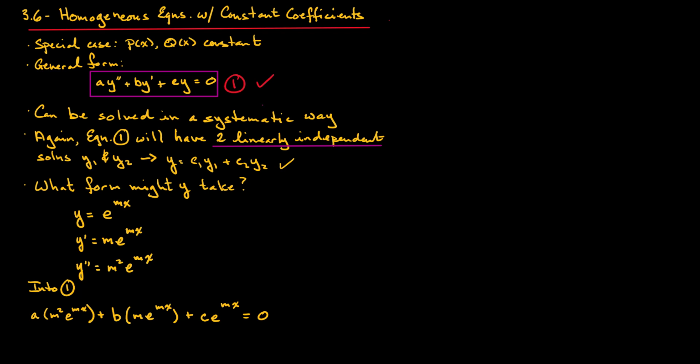If we factor out the e to the mx terms, what do we have? We have e to the mx multiplied by am squared plus bm plus c, and all of this must be equal to 0.